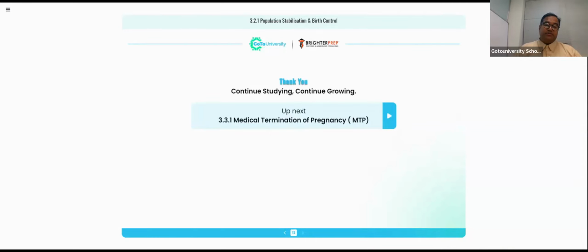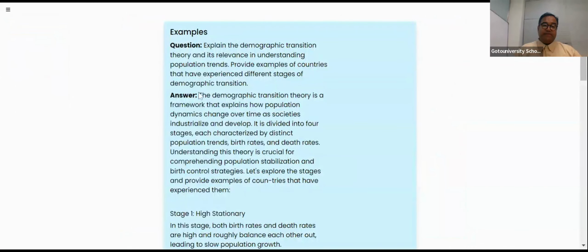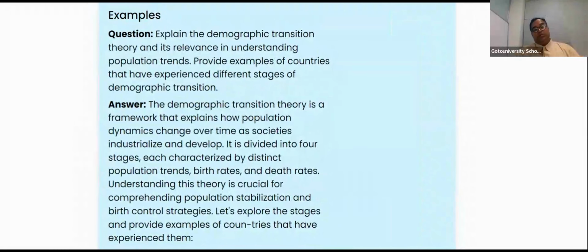Medical termination of pregnancy. Before discussing that, we'll discuss a few worked examples of this particular chapter, this main unit.